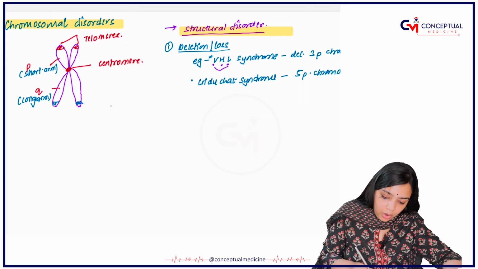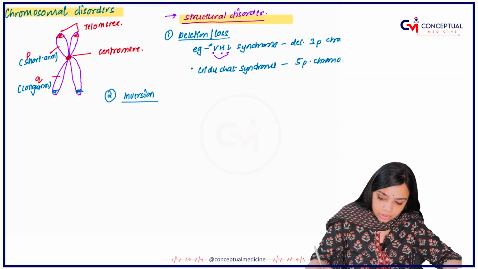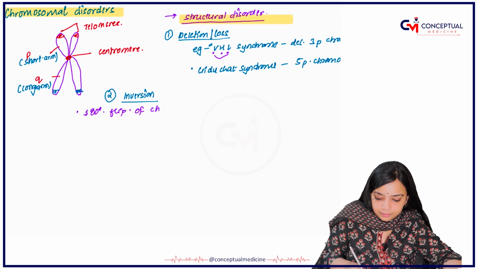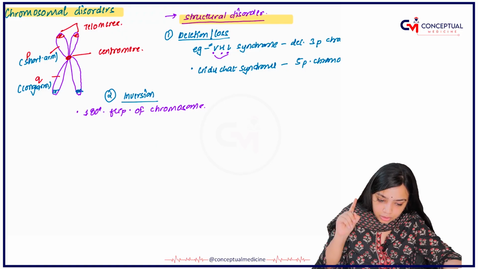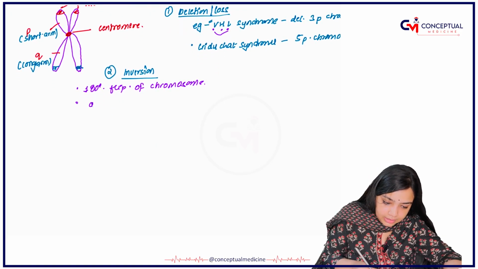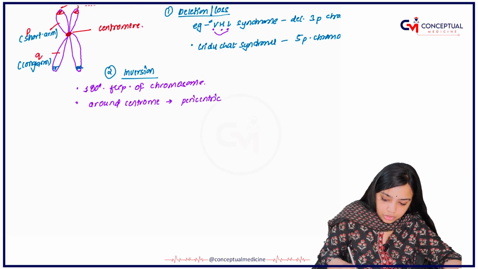Next we will talk about inversion. What is happening in inversion? In inversion of a chromosome, there is a 180-degree flip of the chromosome. Around the centromere, there is pericentric inversion.